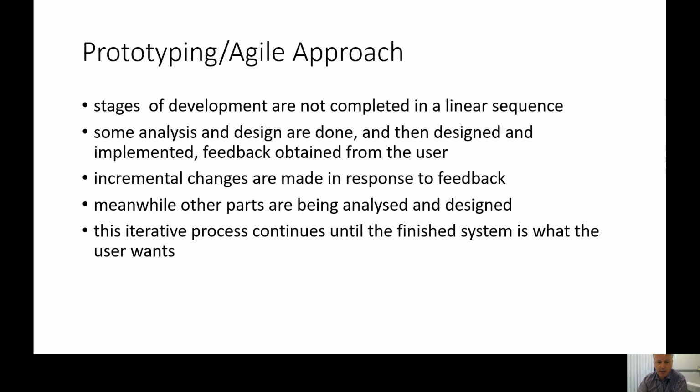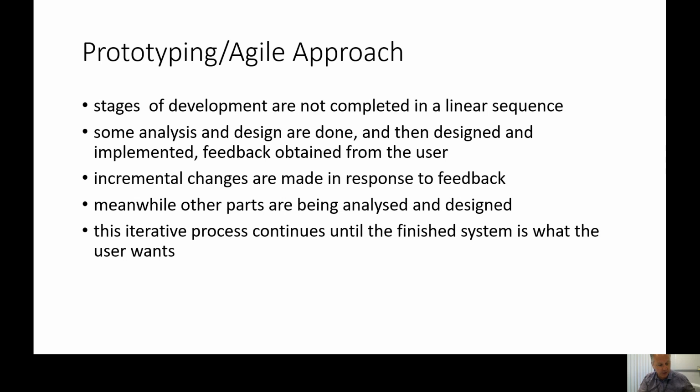Then you design and implement, and then you get feedback from the user. So you put in parts of the system, implement it, then get feedback from the user as you go through the system. So you don't do the entire system, you do it parts at a time and get feedback from the user at those stages. So any incremental changes are made in response to feedback.